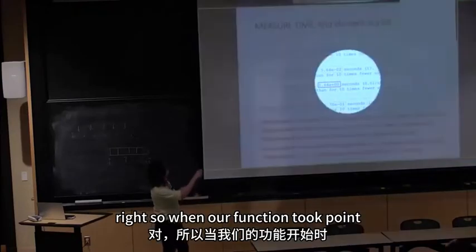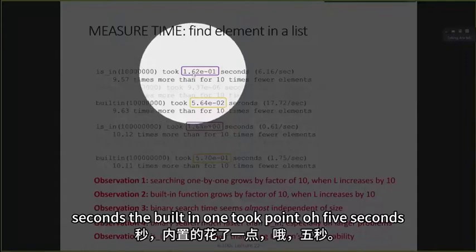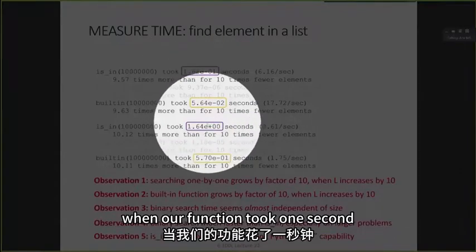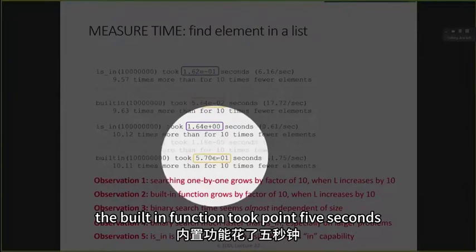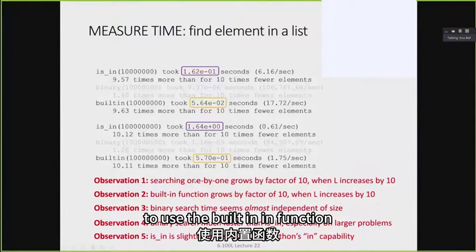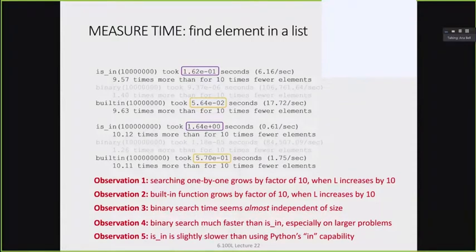So when our function took 0.1 seconds, the built-in one took 0.05 seconds. When our function took 1 second, the built-in function took 0.5 seconds. So consistently, it's just faster to use the built-in in function than to make our own. Okay?